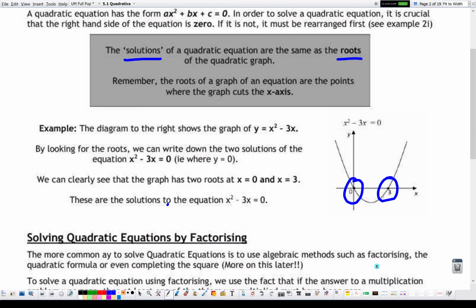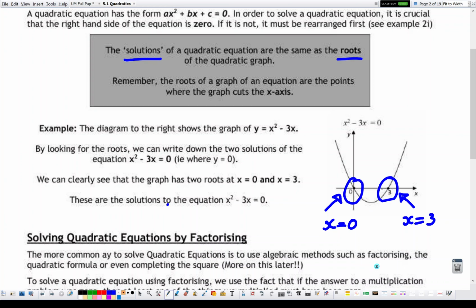Okay, so if we were given the graph, we can get the solutions of the equation just simply by reading off what we see. We can see that the quadratic parabola cuts the x-axis at x equals 0 and at x equals 3, because those are the 2 points where the graph cuts the x-axis.